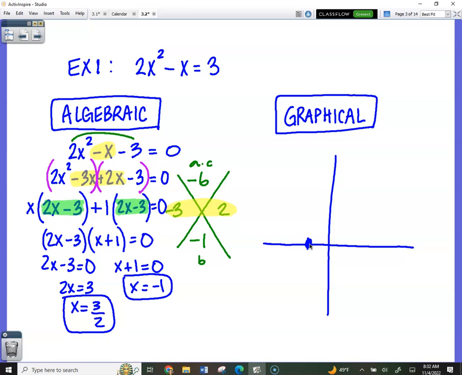It's going to cross over, and then I'm going to put +1 tick mark, 3/2 and +2. 3/2 is what as a decimal? 1.5. So that's going to cross right there. So we're just sketching our graph. This is what it looks like graphically. It's going to cross the x-axis at -1 and 1.5.